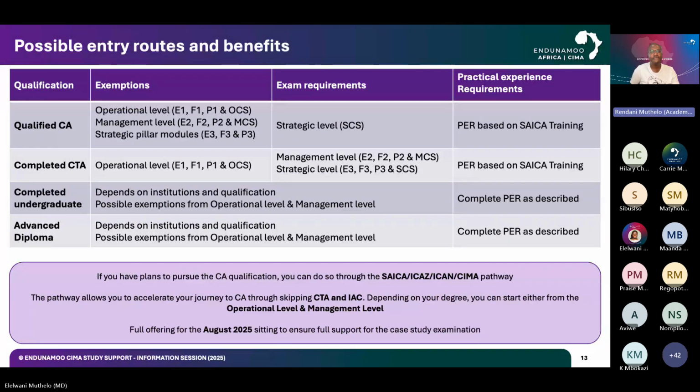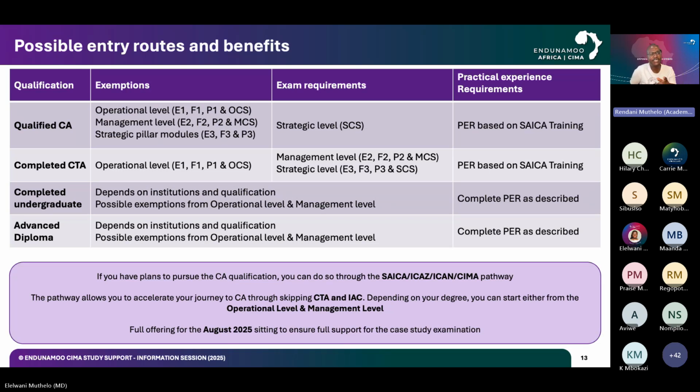Then if you have completed CTA, maybe you attempted IAC or ITC and it didn't work out, what can you do? You will be exempted from the entire operational level. Again, I saw one or two universities wanted CTA graduates to study operational. It was a little bit unusual, but you can check with CIMA.